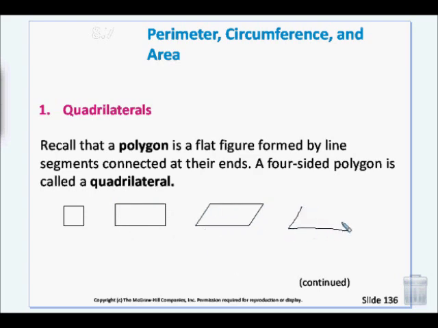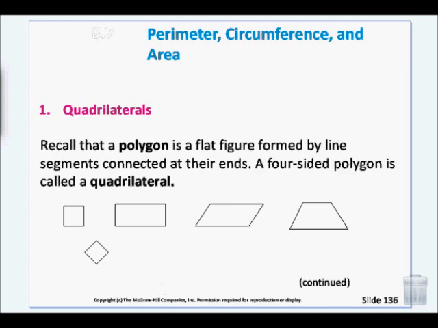Parallelogram. Trapezoid. Rhombus or diamond. And then this shape, not a triangle, is a kite. It's actually called a kite, and I didn't draw it very well.